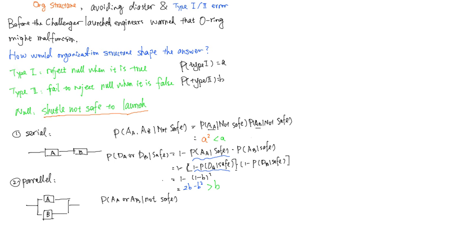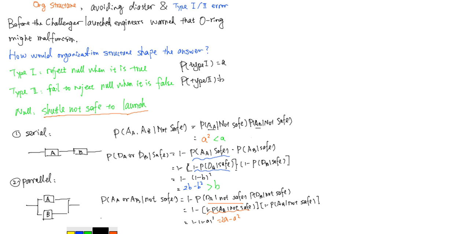And using the similar method as before, it's easy to calculate that the probability of this event happening is 1 minus the event that neither unit approves the launch, and then we can translate this quantity to be 1 minus the probability that one agent will not make a type 1 error.